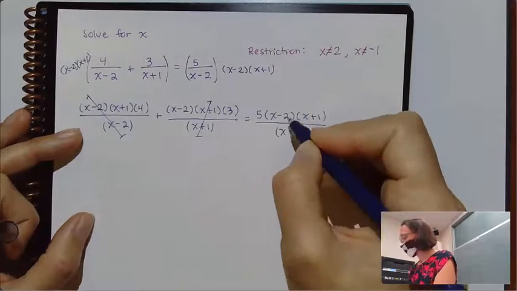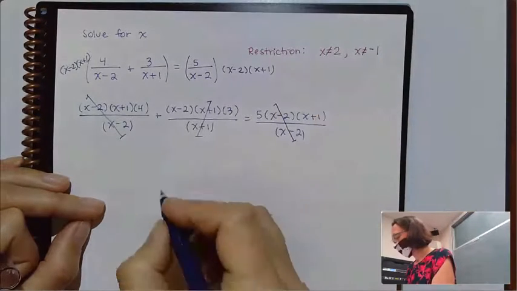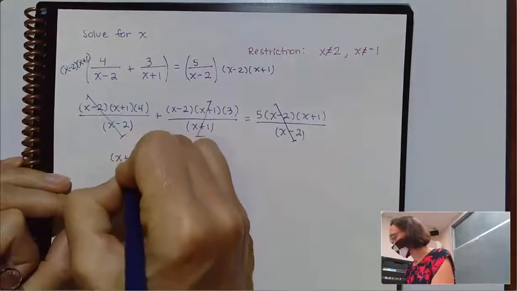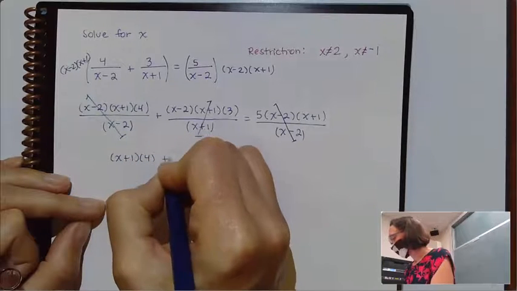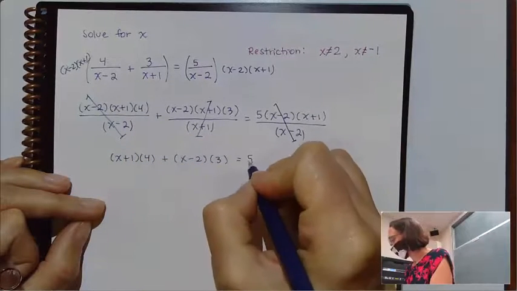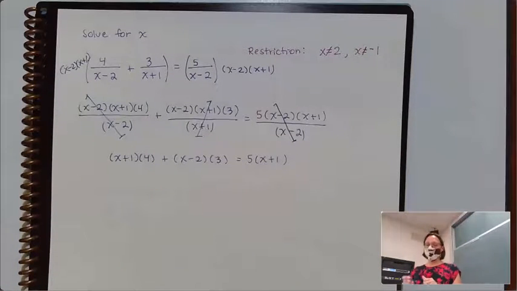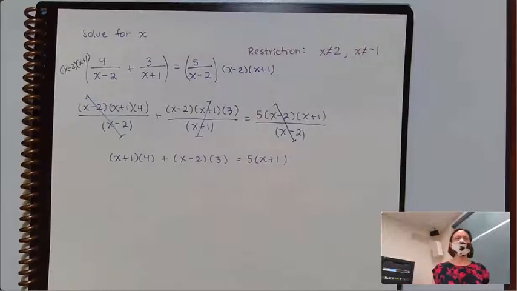And on my last piece, x minus 2 over x minus 2 is another 1. So I'm left with x plus 1 times 4 plus x minus 2 times 3 is equal to 5 times x plus 1. And I will give everybody a minute to turn that into x equals some number.